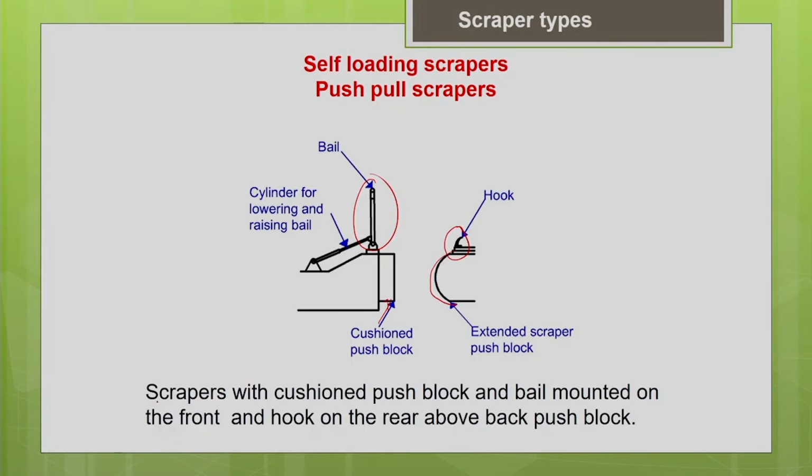Each scraper has a bail mounted on the front and a hook on the rear end, so that it can facilitate coupling of scrapers, and this hook and bail mechanism can easily connect two scrapers.